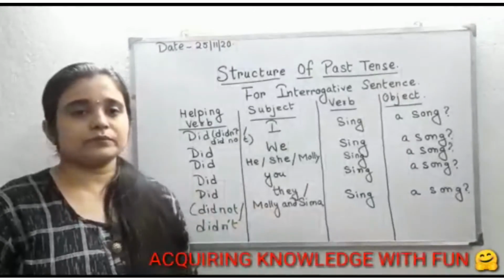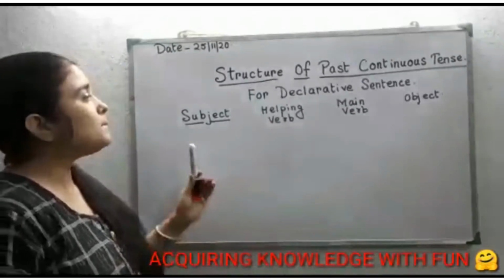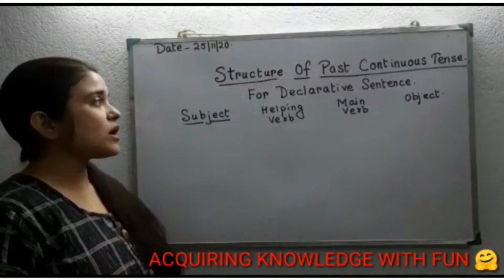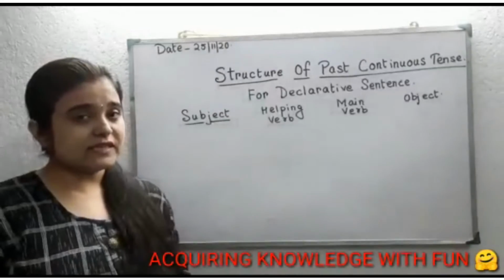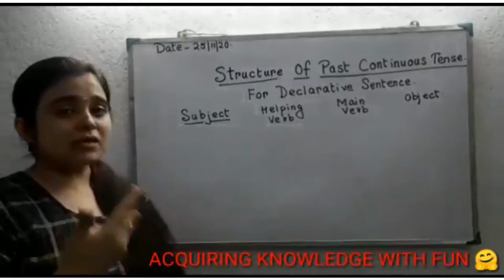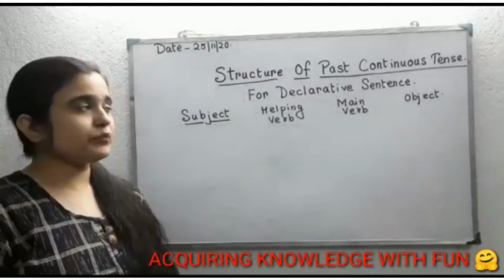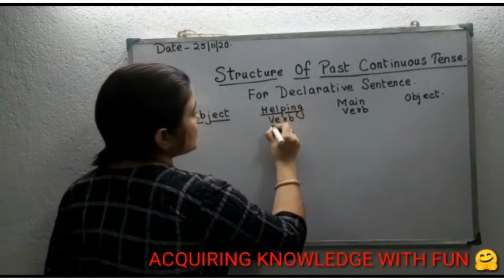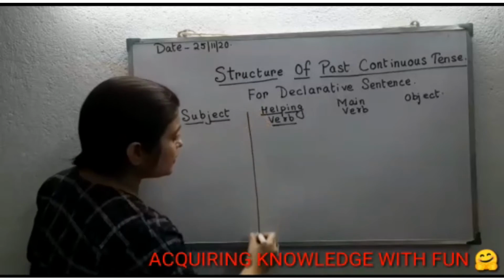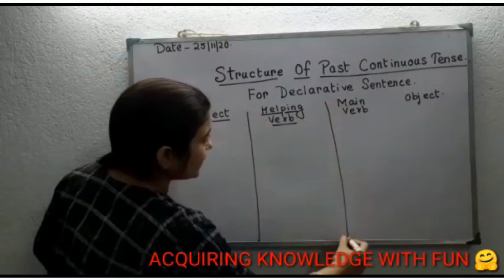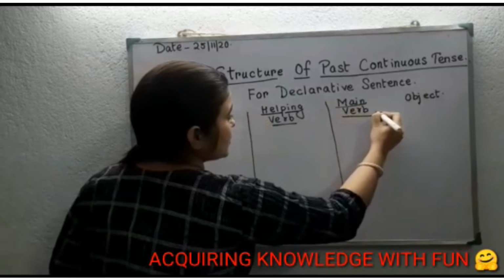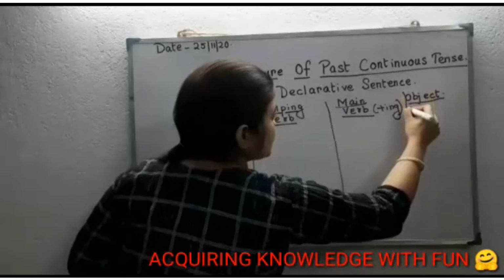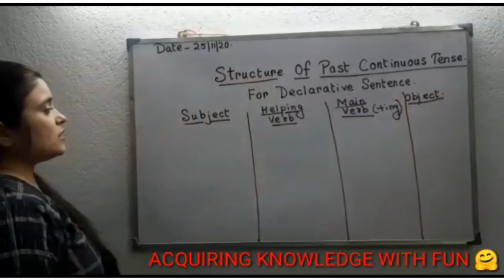Understood? Now, next move on to past continuous tense. How to frame the structure of declarative sentences in past continuous tense. Okay. For this, subject, helping verb, then take main verb plus ing and then object. Okay.